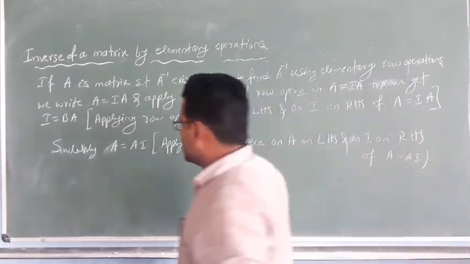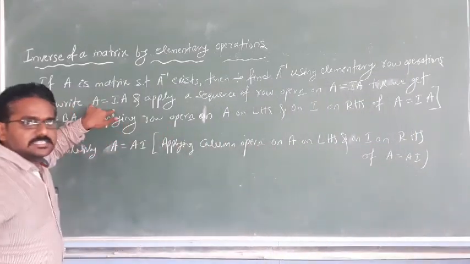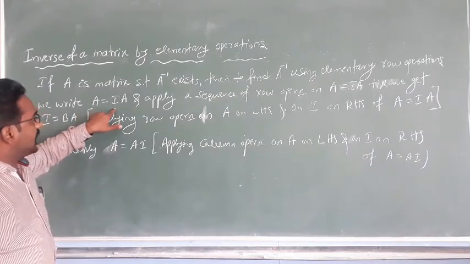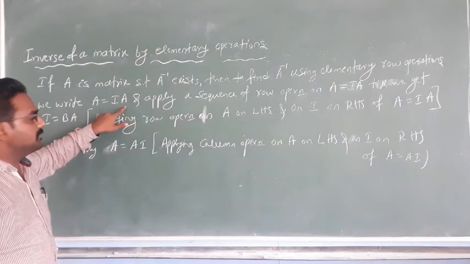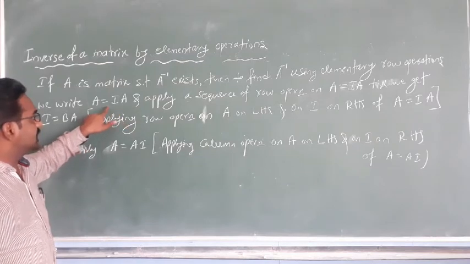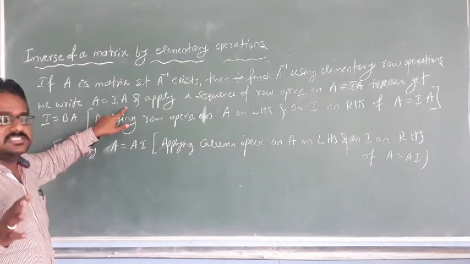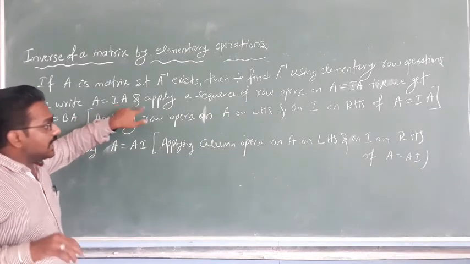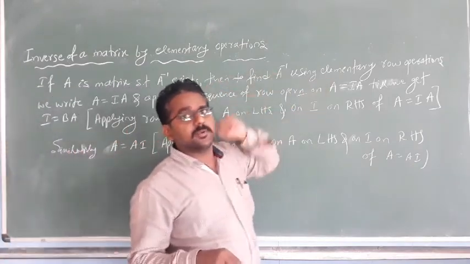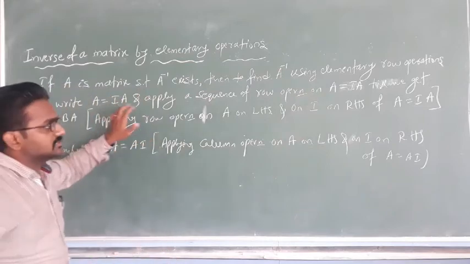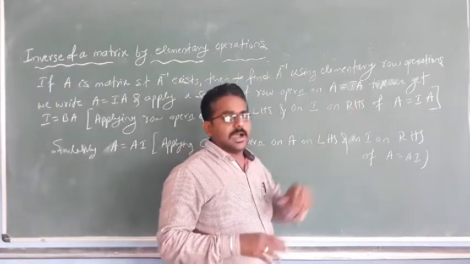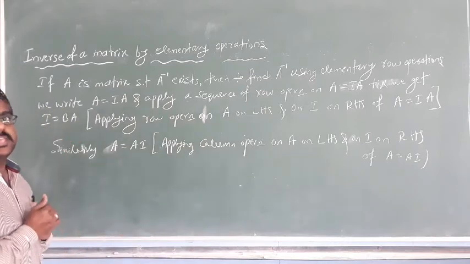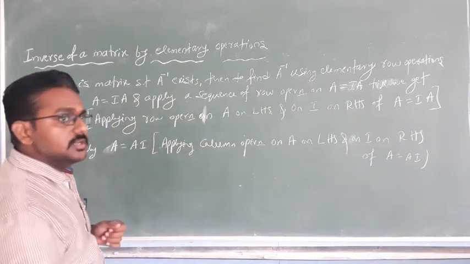First we will write the given matrix in this form: A equals I into A. I into A means A itself, so again A equals A, and there is no change in the given expression. That's why we write A equals IA, and we apply a sequence of row operations on this expression until we get I equals BA.